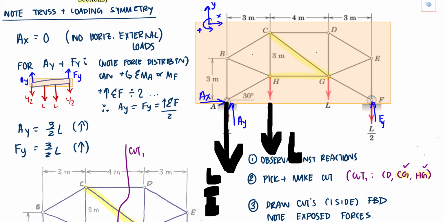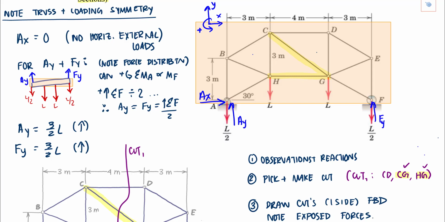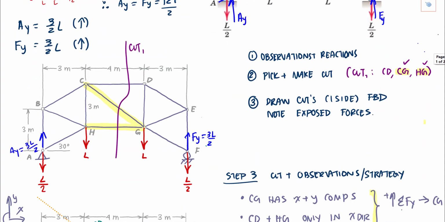So look at the truss, look for symmetry, note any symmetry, mark your reaction forces, and gauge whether or not you need to solve for them. If you do, you can do it quite quickly. And if you ever have to figure out how things are distributed, do the bigger picture. It's a beam trick, and that helps out.